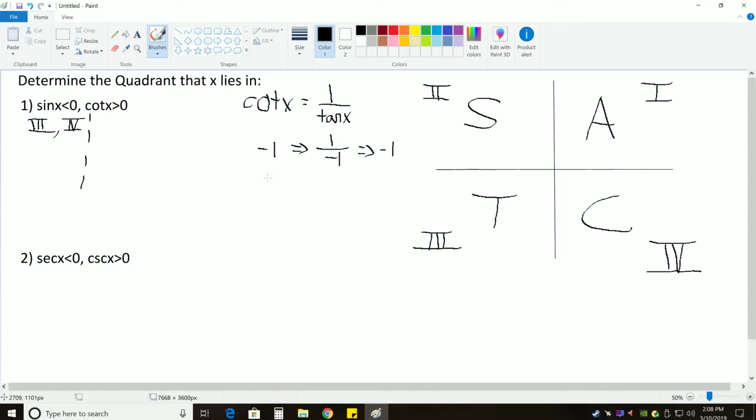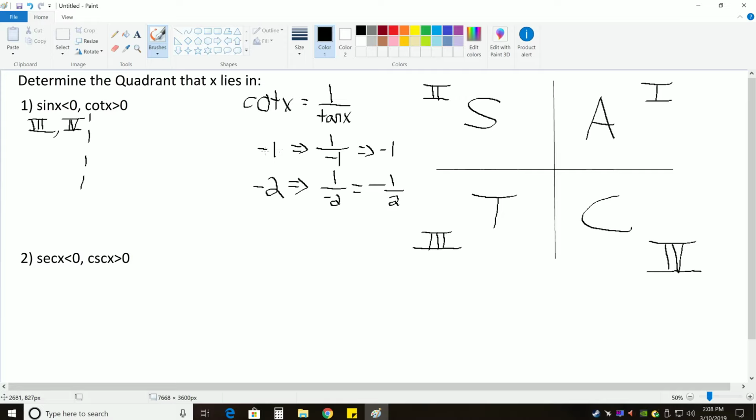Let's try that with one more to see the pattern that's happening here, because this doesn't make it completely obvious. Let's try if cotangent of x were -2. Then if we found its reciprocal, which is tangent of x, we'd get 1 over -2, which is -1/2. So hopefully you can see what's going on here.